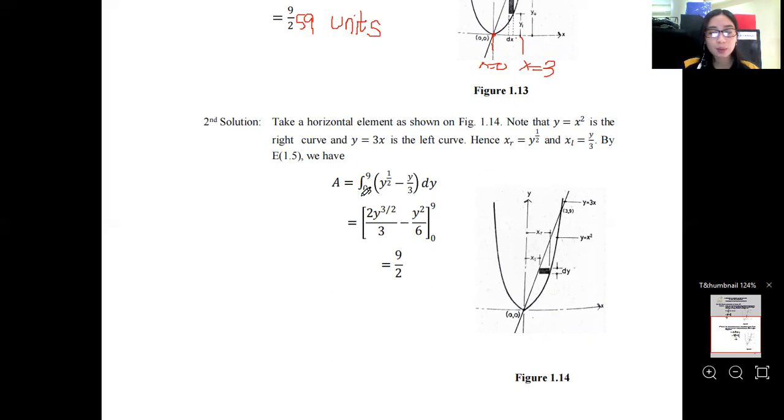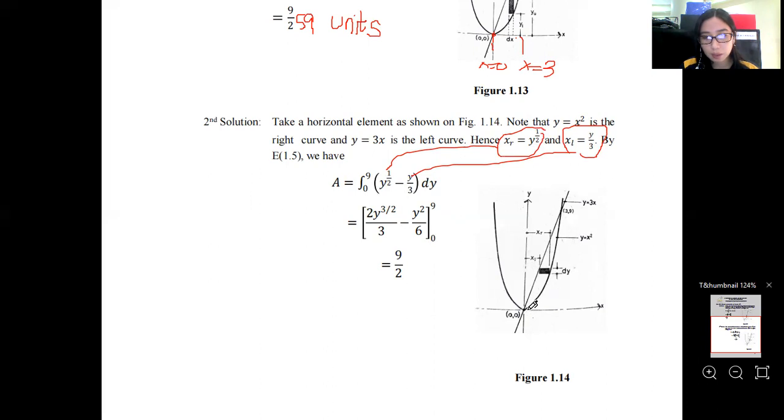So A is equal to the integral of x sub r minus x sub l. Since we are using the horizontal strip, it is y instead of x, then delta y. So x sub l is equal to y over 3, then delta y, or the change in y values.